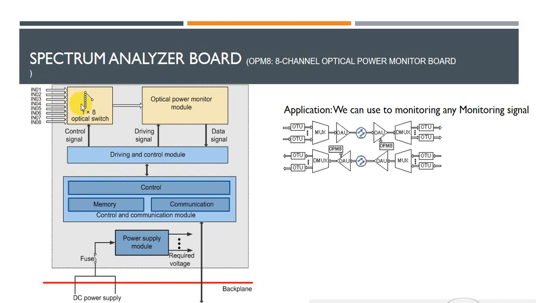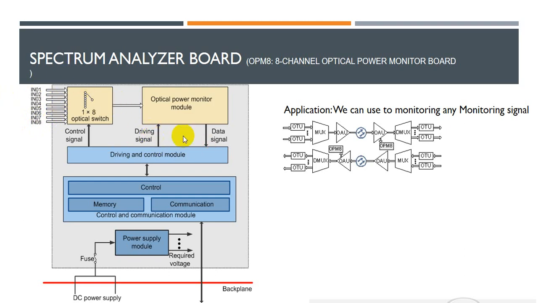When you select from the NMS, the command automatically goes to the OPM board and it selects the required one. At a time you can only monitor one signal, but you can monitor 8 such signals remotely if you connect 8 inputs. Mostly we monitor at the output of the amplifier, and there are some other mux and demux points where we can monitor.